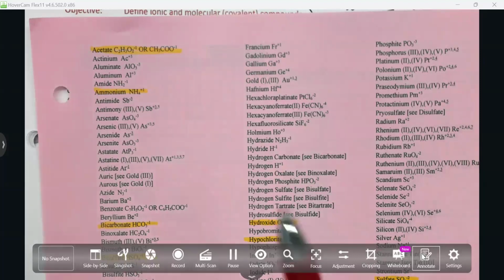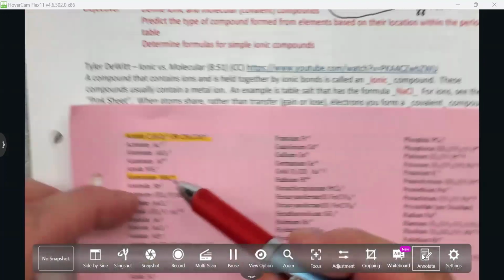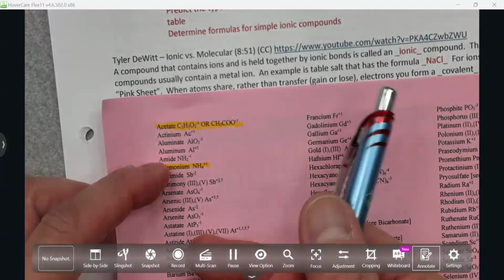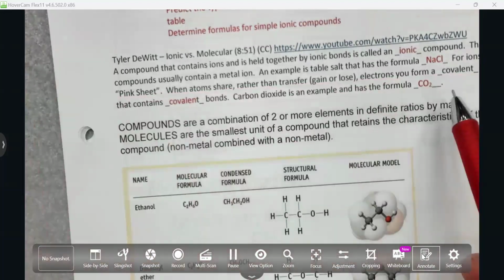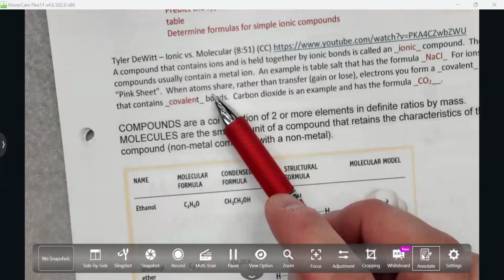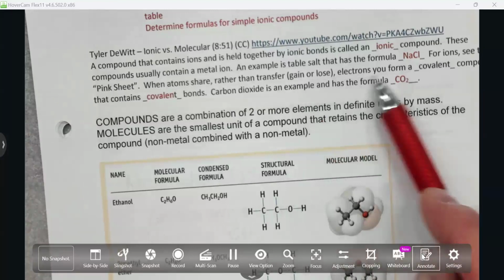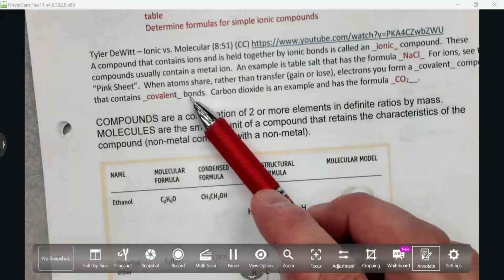Okay. Everything on this side that we looked at last time is a charge. These are ions, yes? When atoms share rather than transfer, gain or lose electrons, you form a covalent compound that contains covalent bonds.